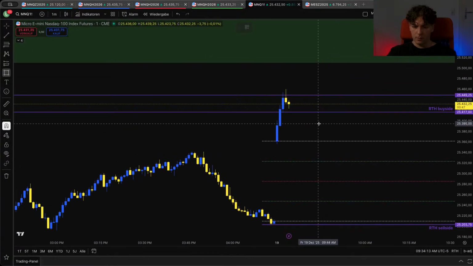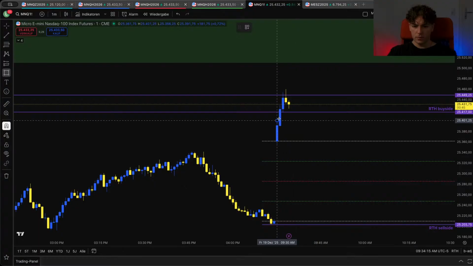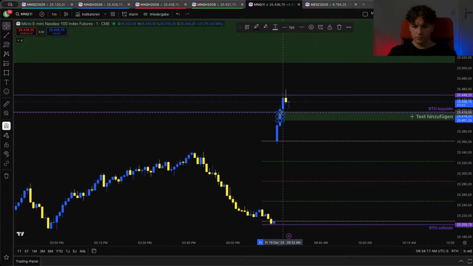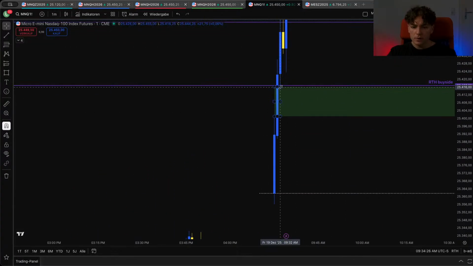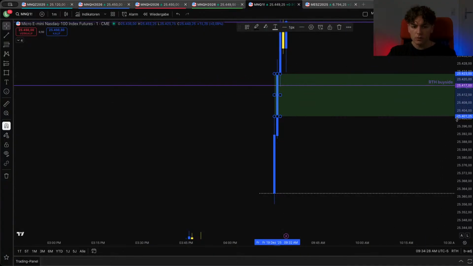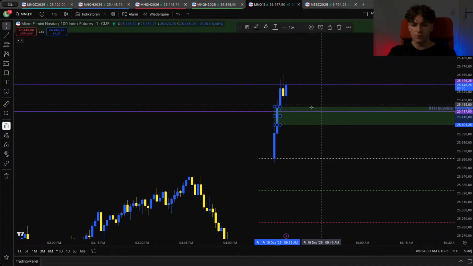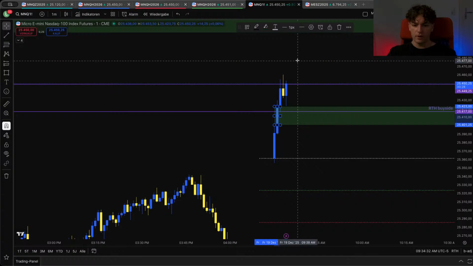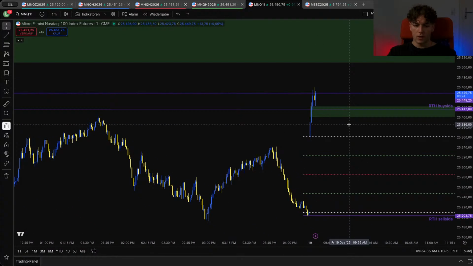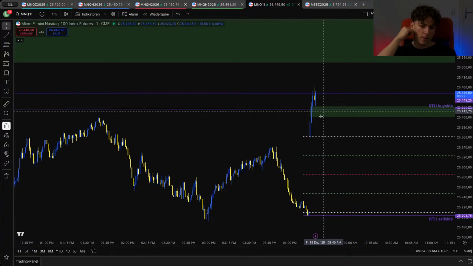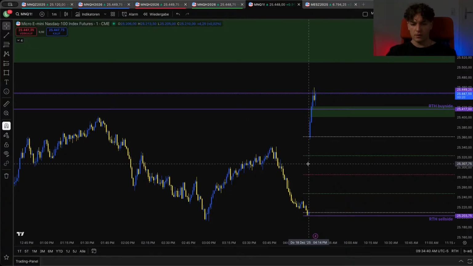First presented fair value gap in here. Bro, come on. Yeah, there's a volume imbalance above, so you want to make sure you include the volume imbalance in the fair value gap. So as always, our buys in the first 30 minutes.